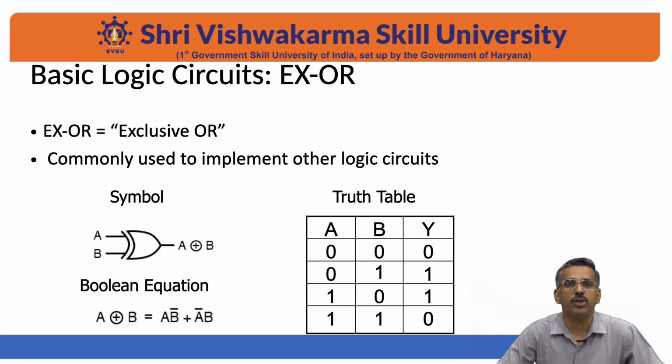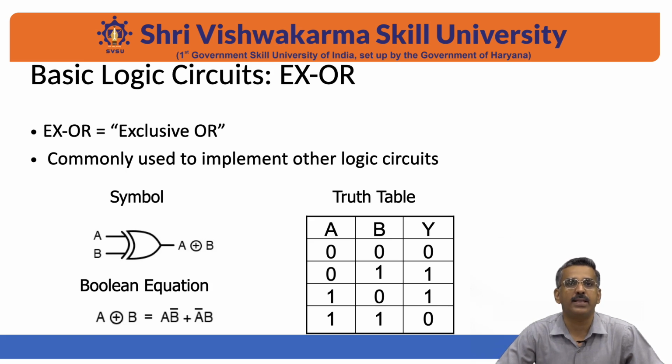And the truth table of the exclusive OR gate is shown here. In this case, whenever there are high voltages or low voltages at both the terminals, the output will be equal to 0. When we apply similar inputs at both input sides, we get the output equal to 0.